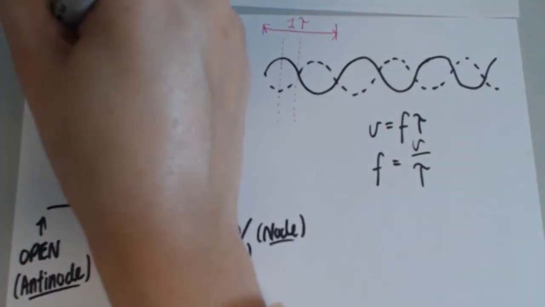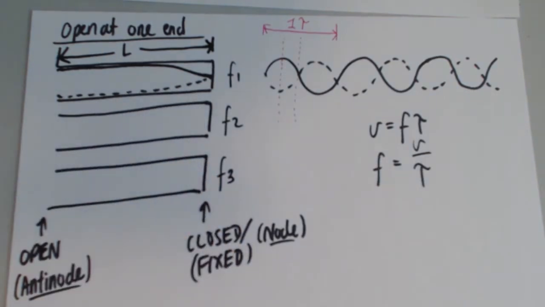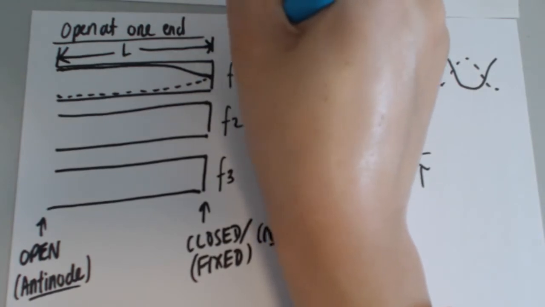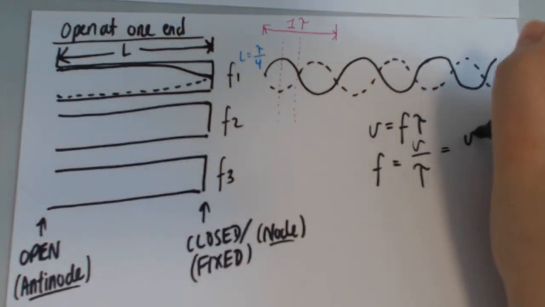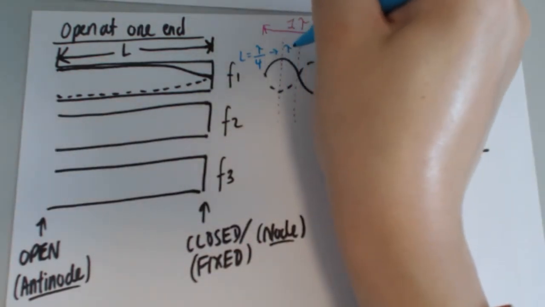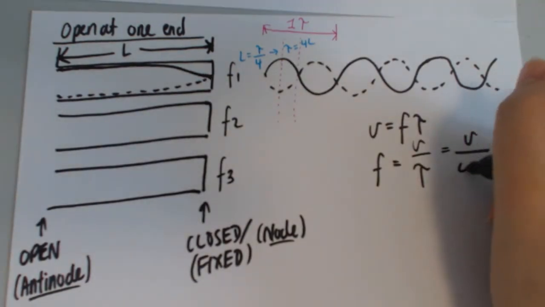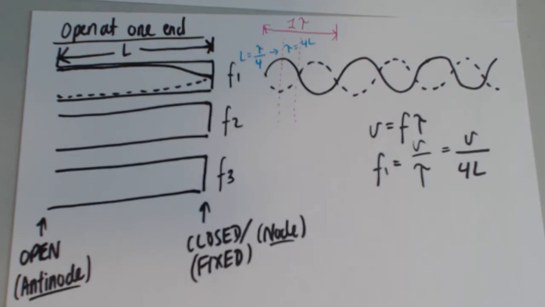Let's call this L, so the length of the pipe is L. In our first case, we're fitting a quarter wavelength, and that's equal to L. So here we have L equals lambda over 4. We have V, and now we have to rewrite this in terms of lambda. So lambda is equal to 4L. So we stick 4L on the bottom. So frequency 1 is equal to V over 4L.